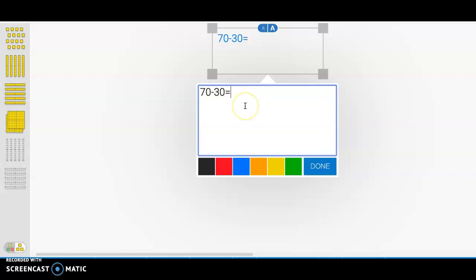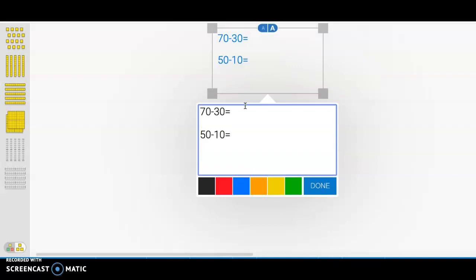The other one I'm going to have you do is 50 subtract 10 equals, and then I'm going to have you do 40 subtract 20 equals.